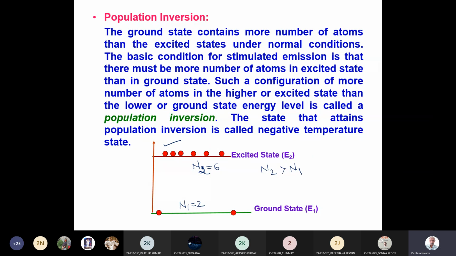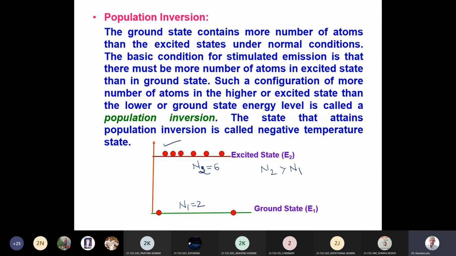But you should remember that under thermal equilibrium, under normal conditions, there will always be more atoms in the ground state, since the ground state is the most stable state. If atoms go to the excited state, they become unstable and immediately try to come to the ground state by losing energy.